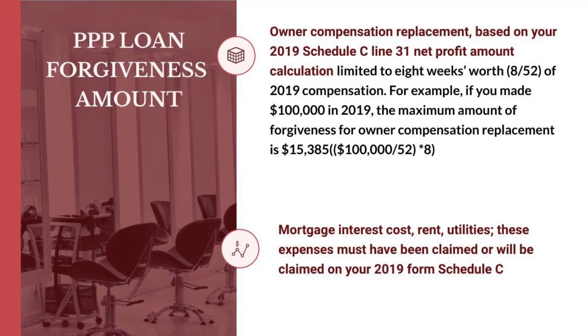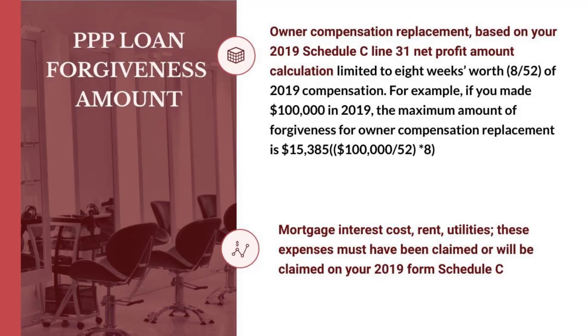So how do you calculate that? For example, if you made $100,000 in 2019, the maximum amount of forgiveness for your compensation is going to be $15,385. And the way that's calculated is you take the $100,000 and you divide it by 52, because we have 52 weeks in a year.